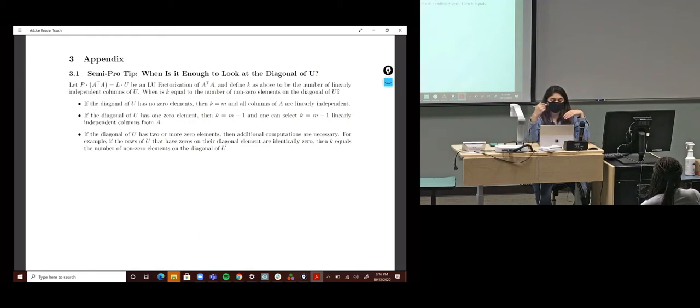So what will be the number of linearly independent columns of A? Well, that simply means it's all the columns of A, so K equals the number of columns, which in this case we call M.